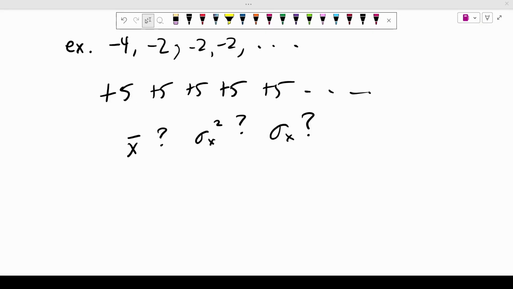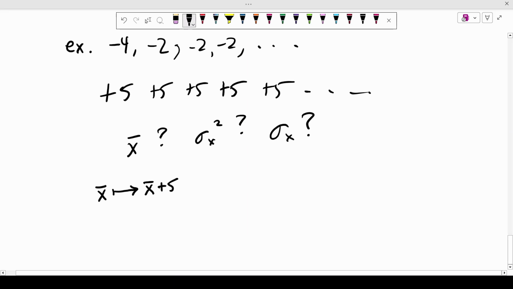So in this case, where we add the same constant to every data point, what happens? Well, the old mean becomes the old mean plus 5.